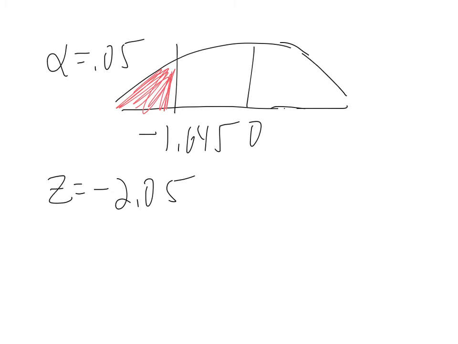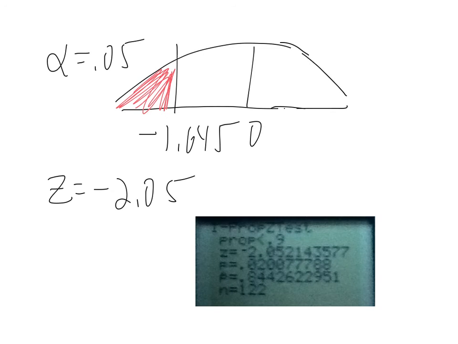Based on this result, the data doesn't support the airline's claim that they return 90% or more of the lost luggage within 24 hours. If we do the p-value, I did this earlier on my calculator and came up with a p-value of 0.02, which is certainly less than the set level of significance. So it looks like the data doesn't support the airline's claim.